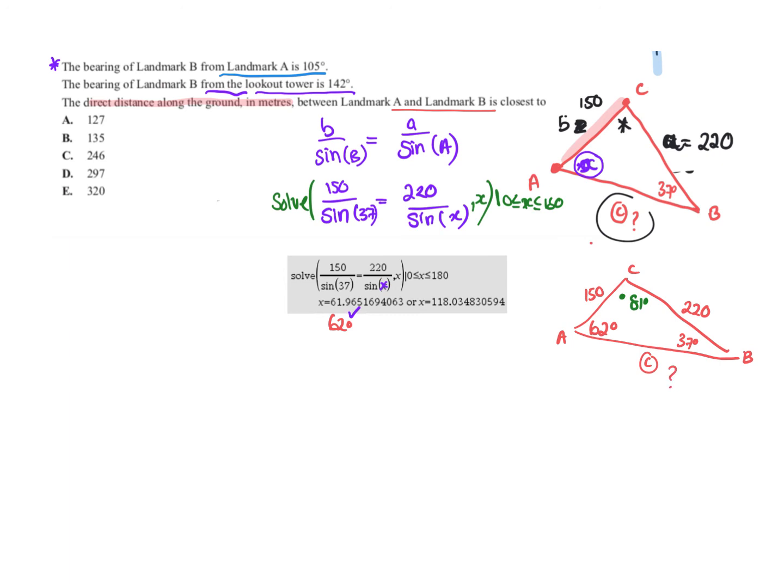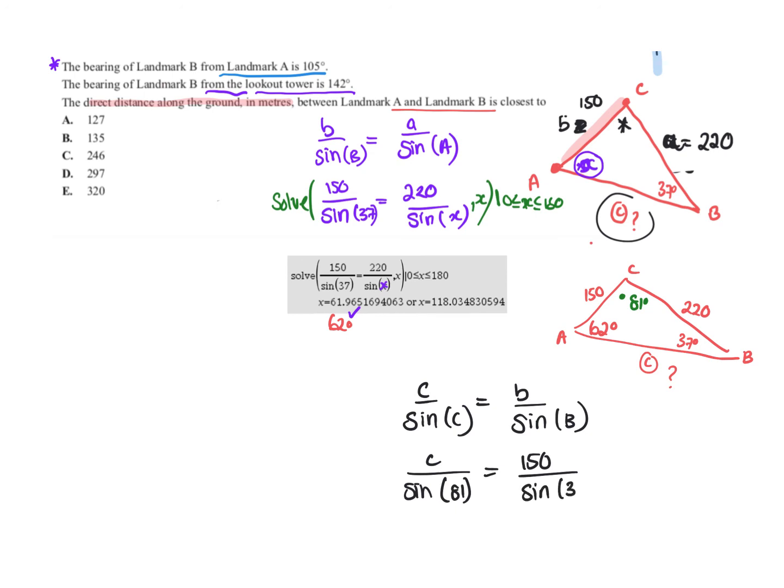So now I'm going to use the sine rule again, and I will use obviously C and sine C, because that's what I want to find out, and I'll use one that I've got, B over sine B. Alright, so I end up with, C is what I want to know, but I now know angle C equals 81, B 150 over sine 37.